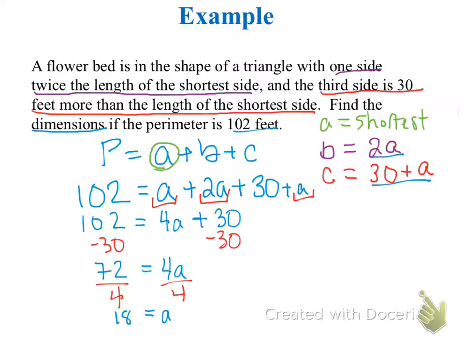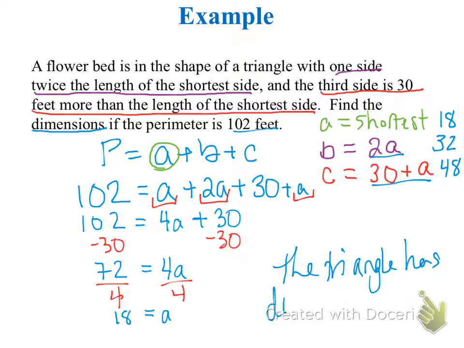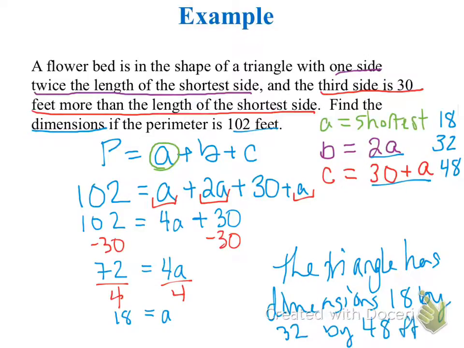So that means I need to solve them all out. So the shortest side is 18. 2 times 18 would give me 36. And 18 plus 30 will give me 48. So the triangle has dimensions 18 by 36 by 48 feet.